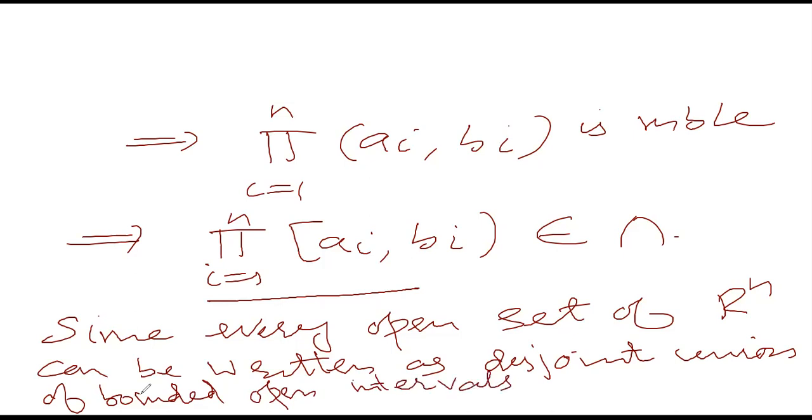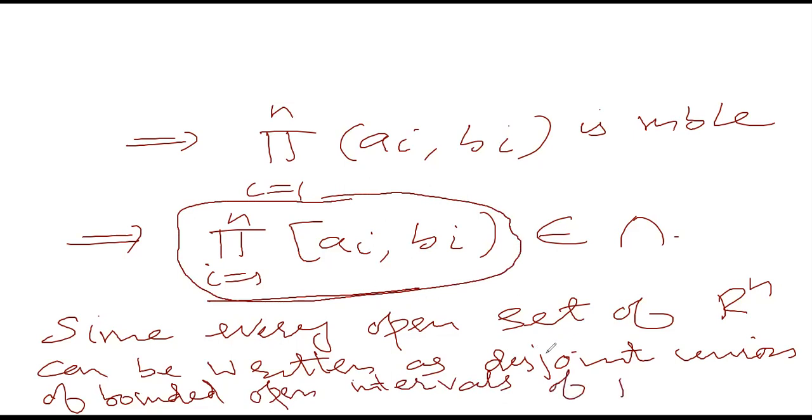This set is called the bounded open interval of Rn, and every open set of Rn can be written as a countable disjoint union of bounded open intervals of Rn, and every such bounded open interval is measurable. Therefore, every open set is measurable.